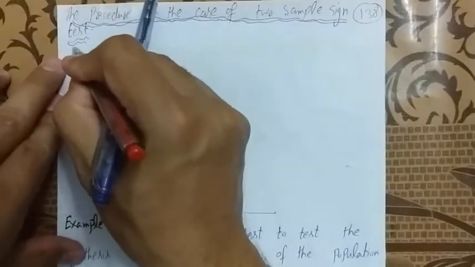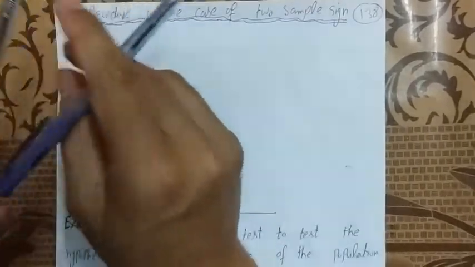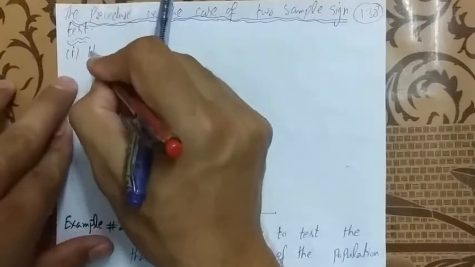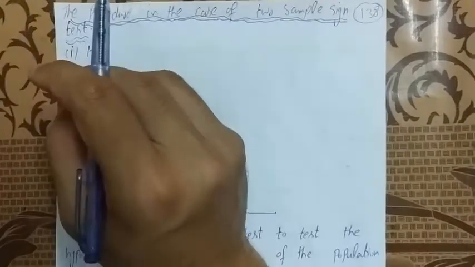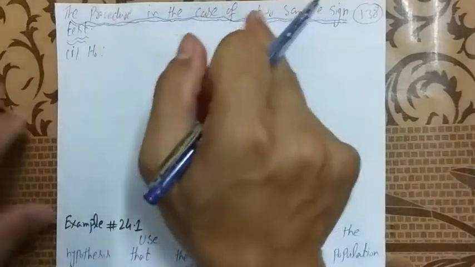The first step is we find the null hypothesis. How do we find the null hypothesis in the two sample test?